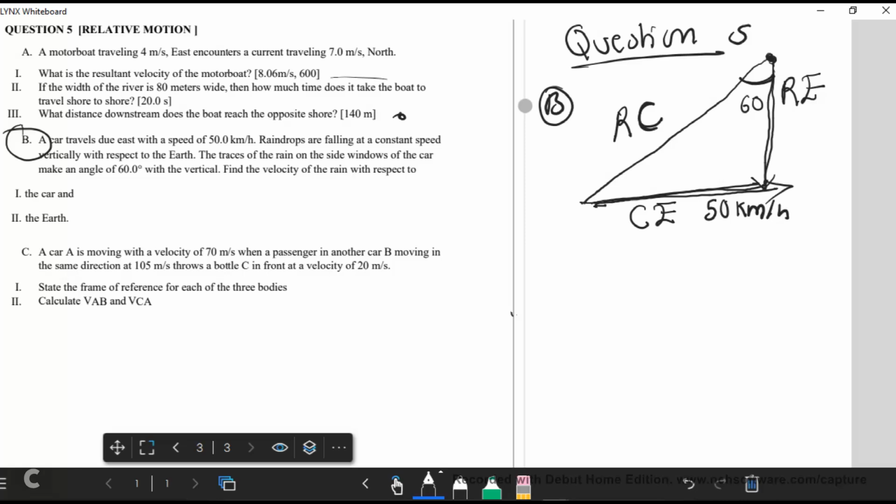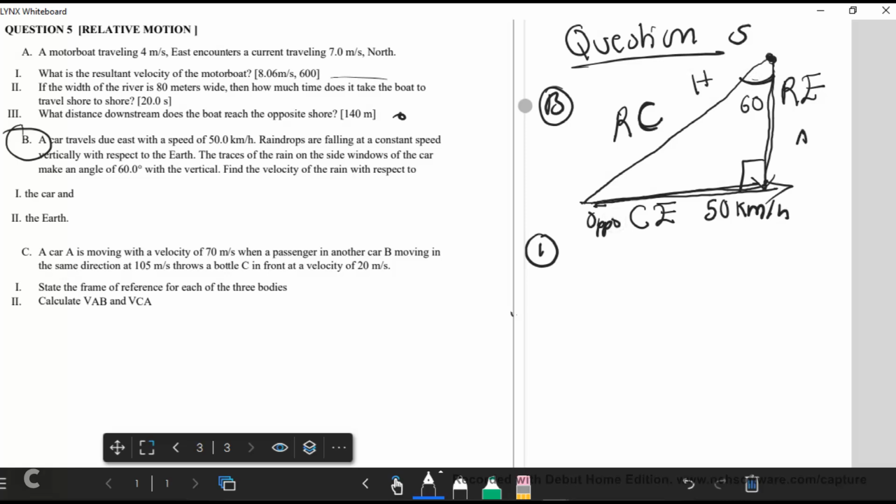So the first question says find the velocity of the rain with respect to the car. So where is rain with respect to the car, according to what has been given? Remember SOHCAHTOA, right? So this is the hypotenuse. The opposite of this angle here is this part, that's the opposite.